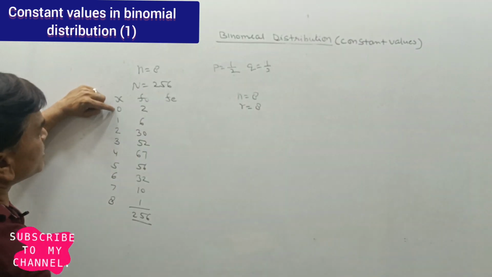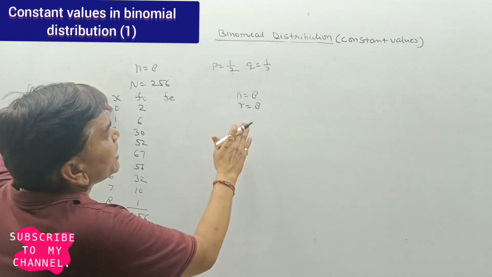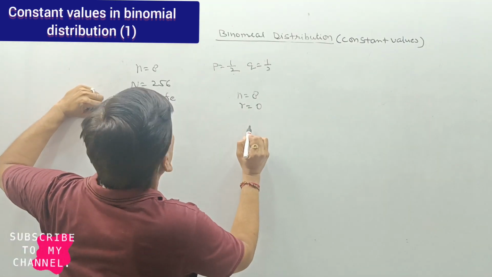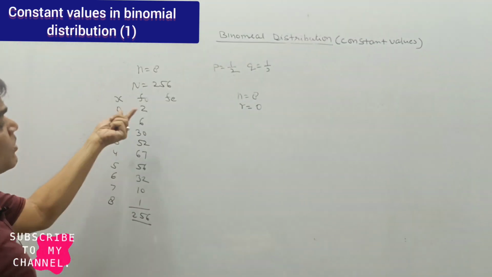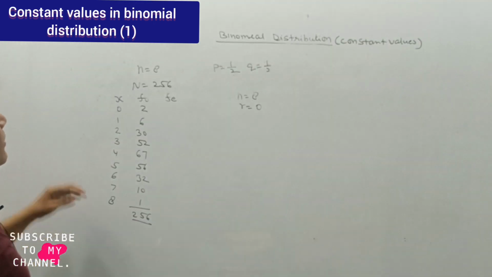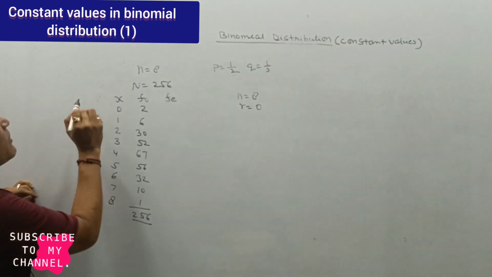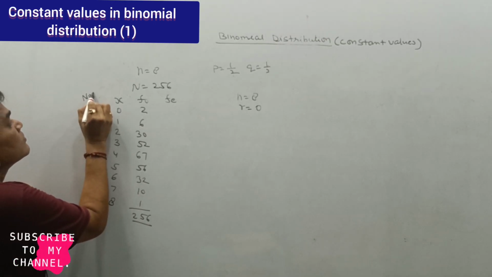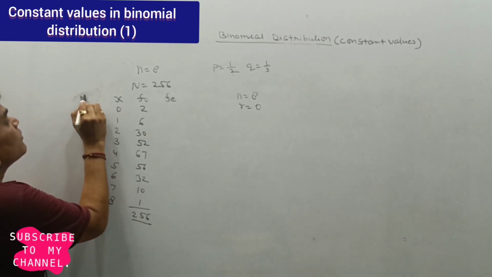It means 0 head. First one is 0 head, which means all tails, 2 times all tail, 1 time all head. So this is the number of heads.